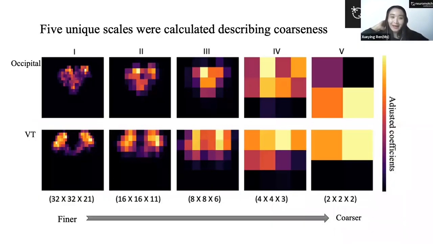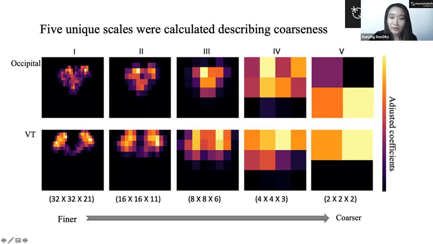Okay, I like this figure a lot. Here's a demonstration of the wavelet decomposition. Based on the 3D fMRI data volume, we use the wavelets to calculate 5 unique scales that describe the coarseness. Here I'm using the condition faces and the wavelet coefficients projected onto a 2D surface for 5 different spatial scales.